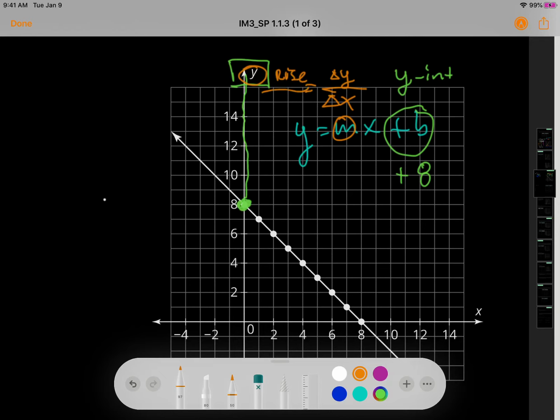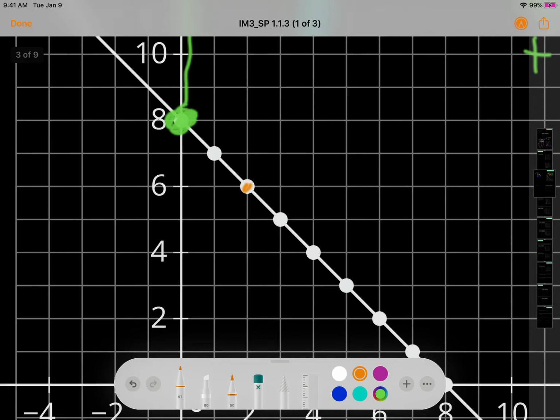Rise over run. Okay, so pay attention as I go from, let's start here from the orange and let's go to the blue. Okay, so I have a rise of positive 1. And then going in this direction is called a run.